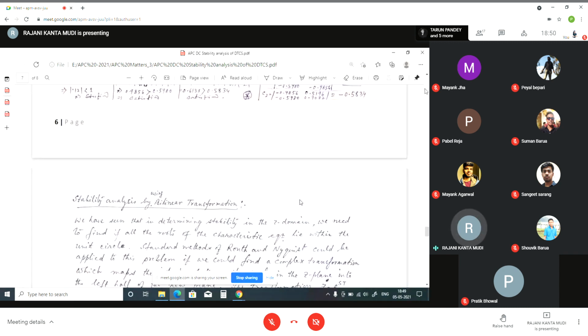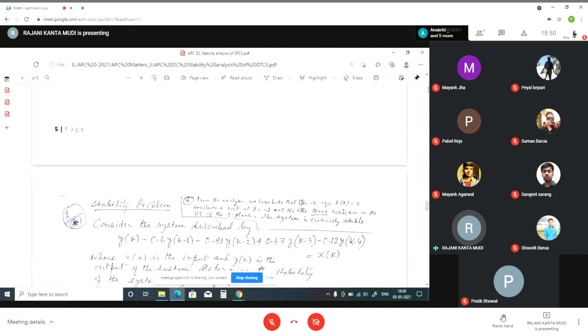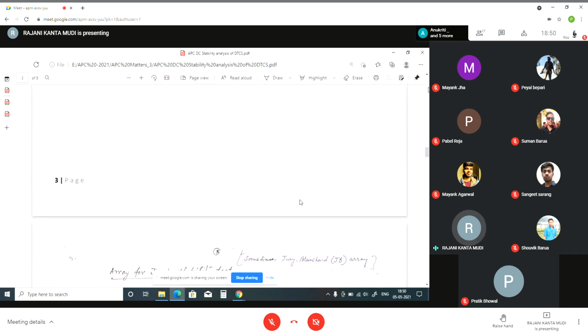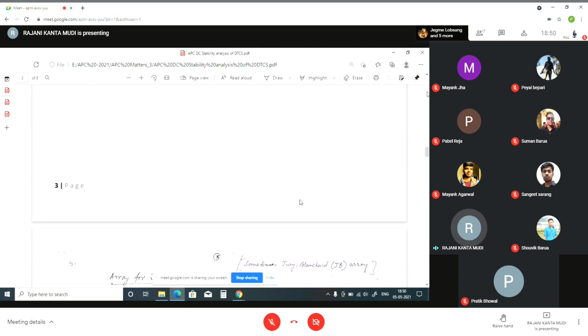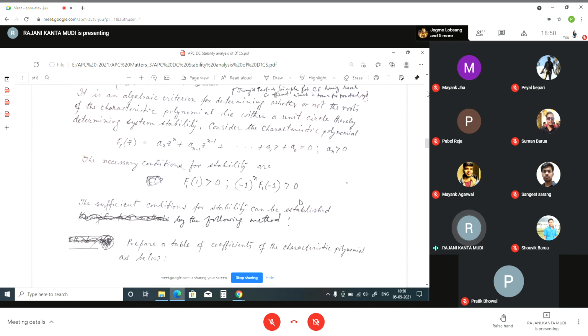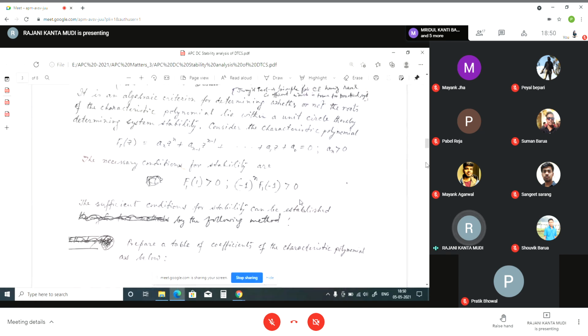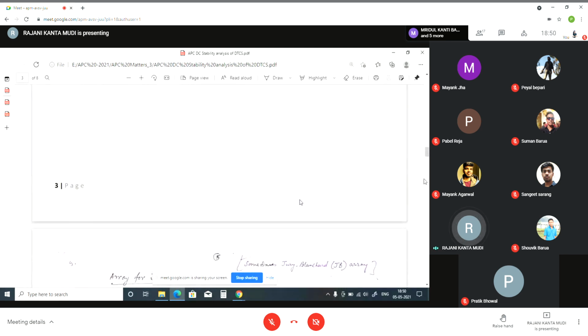Do you understand how to check the stability of a discrete system in the Z domain using Jury's test? If you are asked to check the stability using Jury's test, you have to apply this. Otherwise, there is another method.